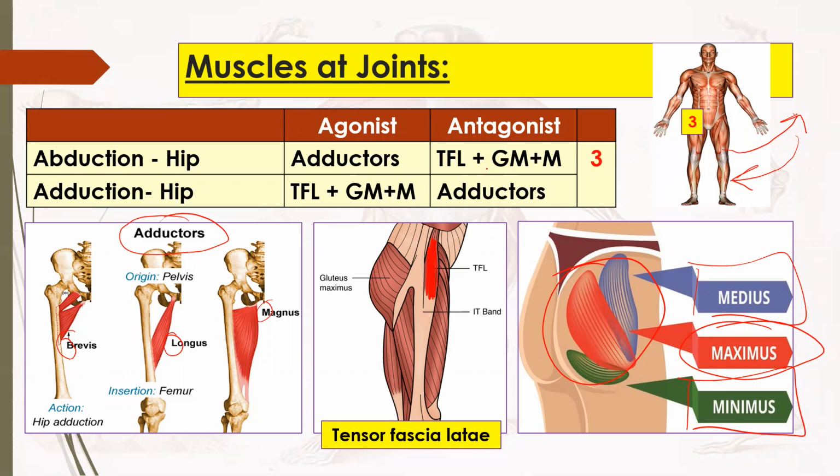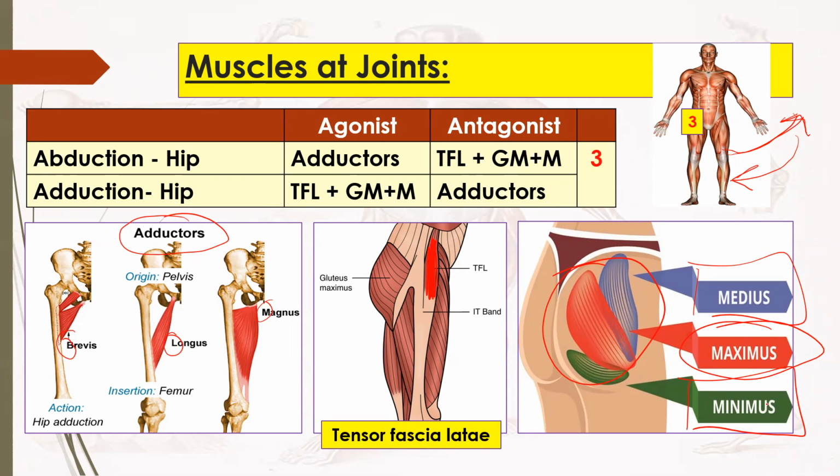So when you're moving that hip out, the abductors are the agonist, and you need to name the three muscles there: the tensor fasciae latae, the gluteus medius and the gluteus minimus. The adductors are the antagonist.